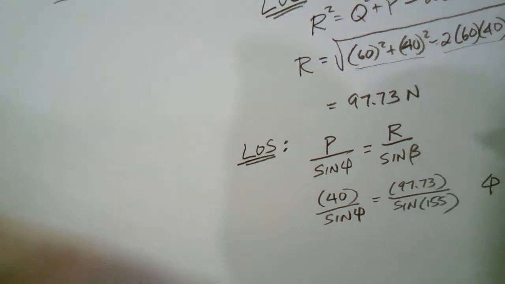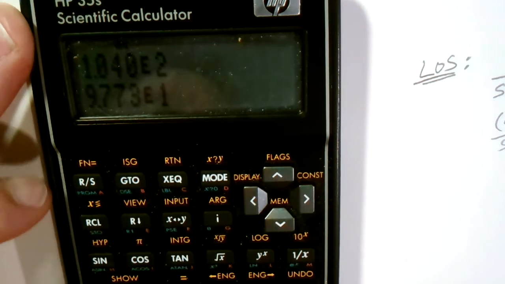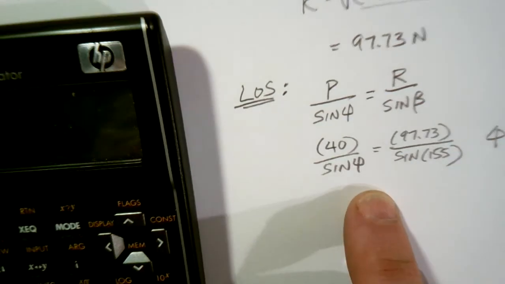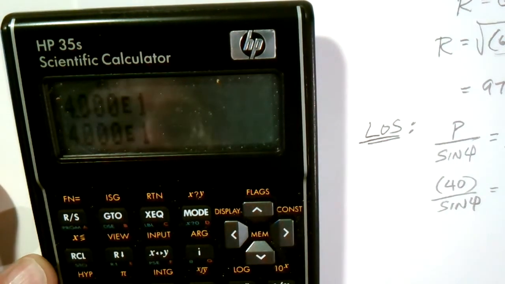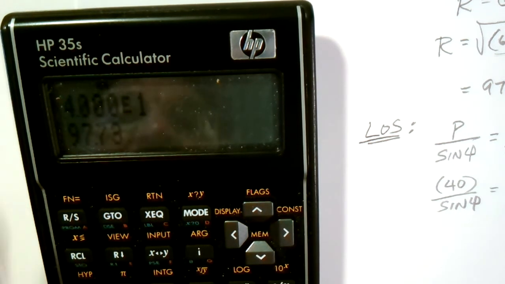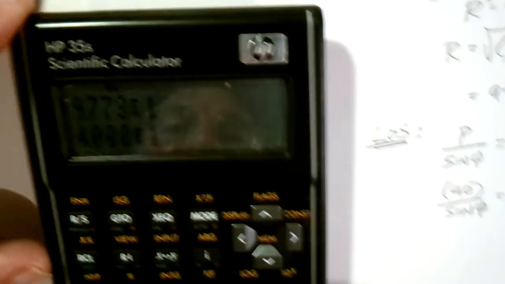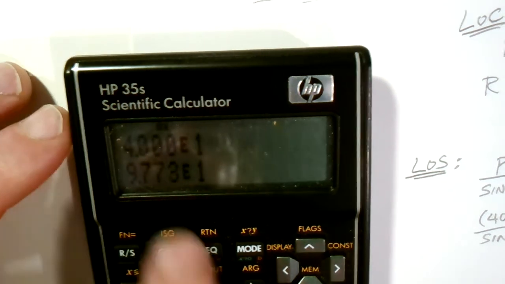And I don't have to draw the in-between steps here. So the easiest way for me, when looking at this, I'm going to say that it's going to be 40 divided by 97.73. It's actually still in my stack, by the way. I can just go down to there. You can see that that number is still in there. So I can use my swap button. Where's my swap right here? So now I have 40.